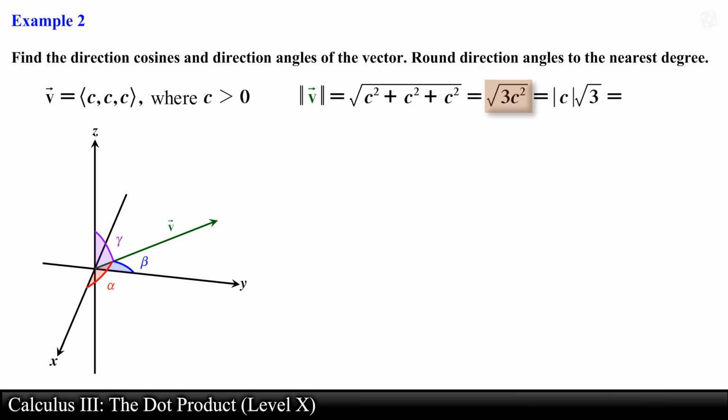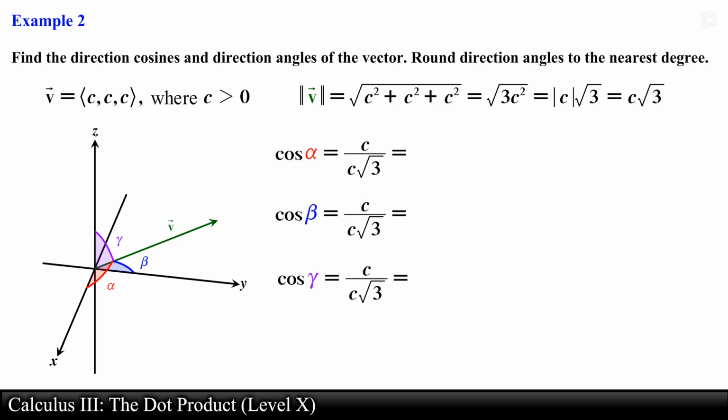Recall that the square root of a quantity squared is by definition equal to the absolute value of the quantity. But in this problem, we are given that the component c is greater than 0, meaning that the value is a positive number. So we can rewrite the expression for the magnitude as follows.